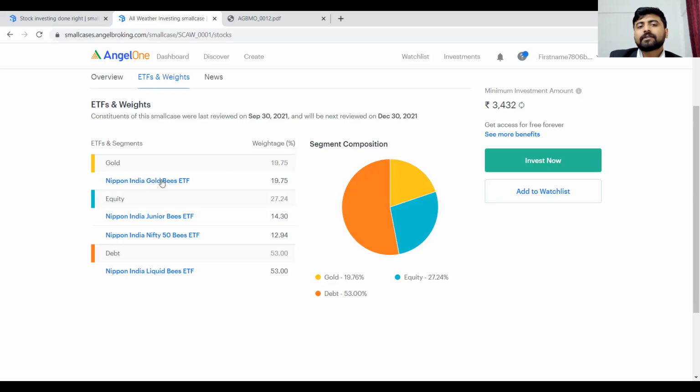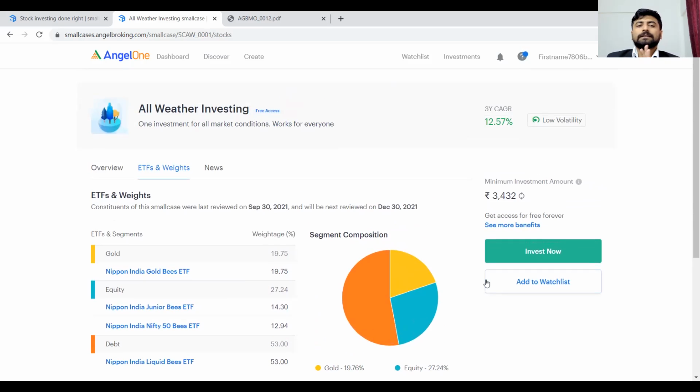Under gold, we have Nippon India Gold BeES, which is where the investment is being done and categorized as gold. Similarly, for debt, we are investing in Liquid BeES. I'm sure all of you are familiar with Liquid BeES. It is an instrument which has a very stable price, and it tends to give out a certain interest that is attached to it. And similarly, the equity exposure is being taken in Junior BeES and Nifty 50 BeES. So this is what is happening in all-weather investing.